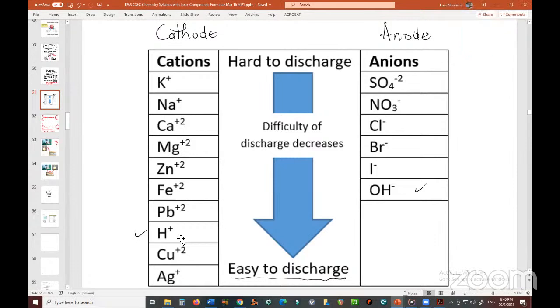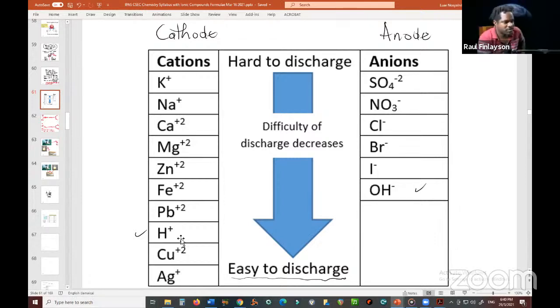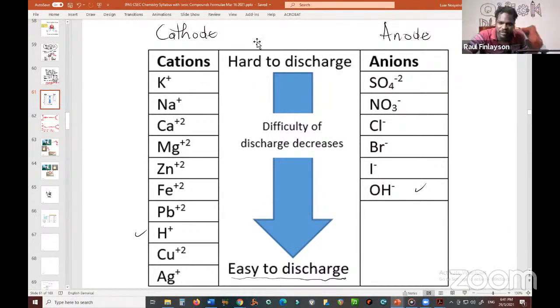Worst, yeah. Just like that. Or you have a bag full of mango or apple or anything you like, and some of them spoil, and you're supposed to get rid of some. You're going to get rid of the spoiled ones. No, look at it this way. It's the same thing here with this list of cations and anions.